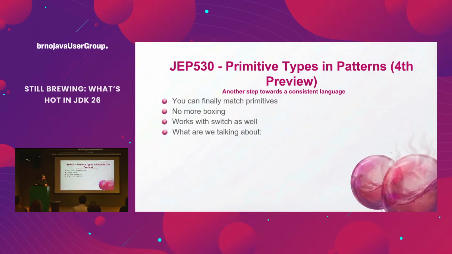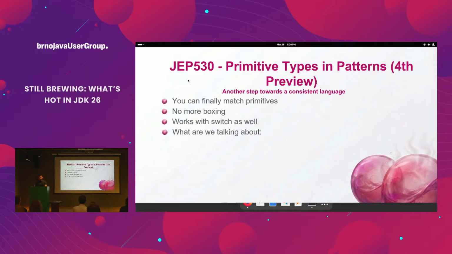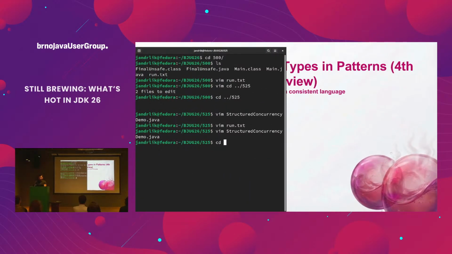You don't have to box anything anymore. There's also a nice feature that enables you to match the pattern and assign a variable with a new name at the same time, and it works with switch as well. So yeah, I have a demo about it as well, which I'm going to be scolded for again.